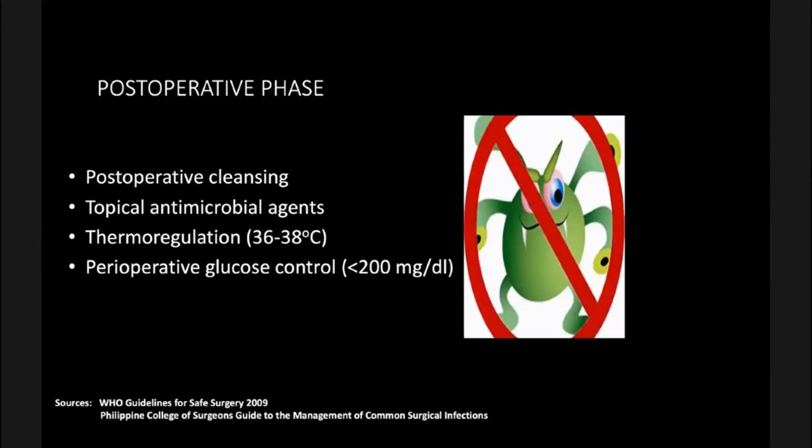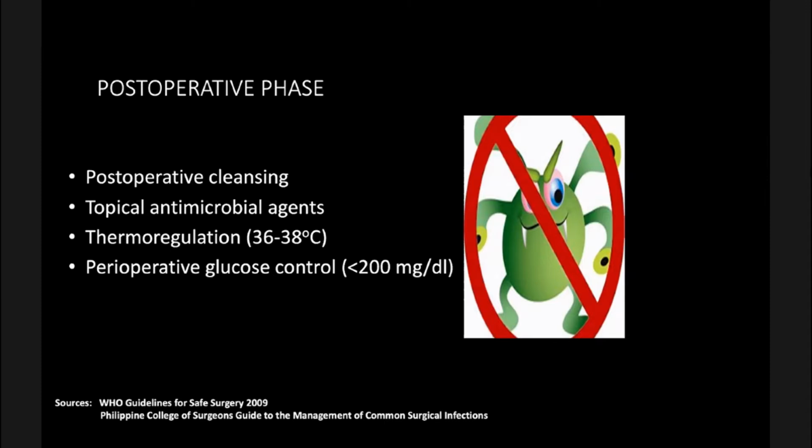Postoperative phase, of course, your wound dressing every 1 to 2 to 3 days, depending on how clean the wound is. Topical antimicrobial agents, although these are not given routinely, you can give them as well. Thermoregulation is also recommended. Maintain the temperature between 36 to 38 degrees centigrade.